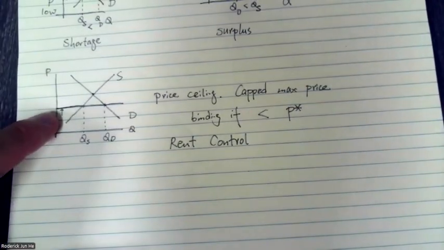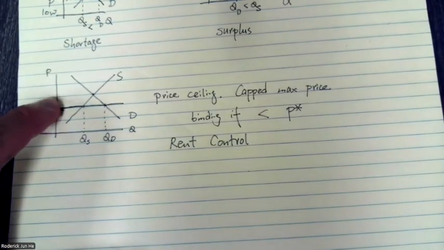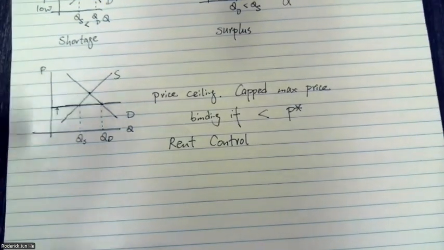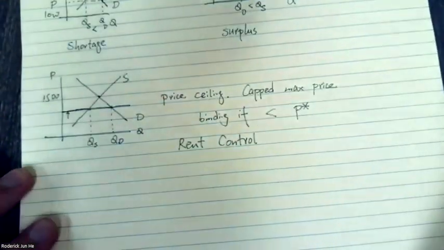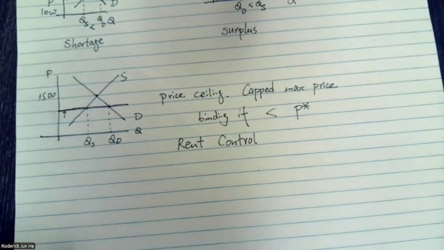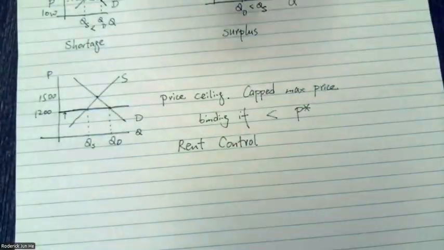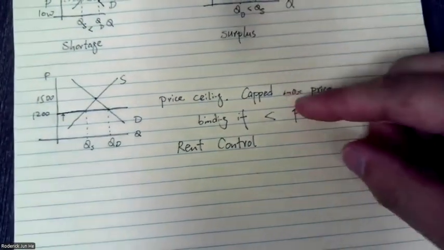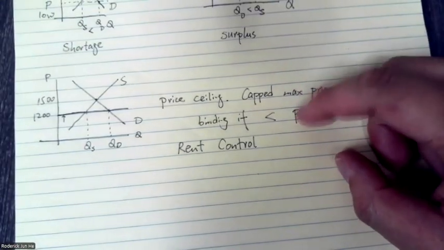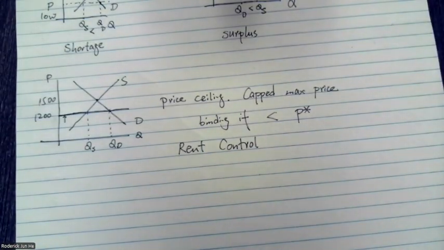So in that case, you can only go this high, you can't go further. Assume that if we allow the market to operate by itself, the monthly rent will be $1,500. A binding price ceiling should be somewhere lower, say 1,200. Again, it tells you a binding price ceiling should be lower than the equilibrium price. Okay, so that's the second thing from the price ceilings perspective.